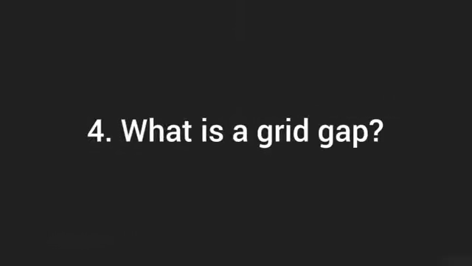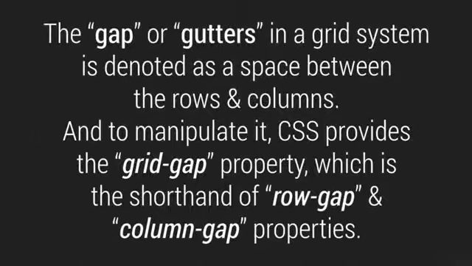Next question is, what is a grid gap? Well, the grid gap, also known as gutters in a grid system, is the space between the rows and columns, and to manipulate it, CSS provides the grid gap property, which is the shorthand for row gap and column gap properties.